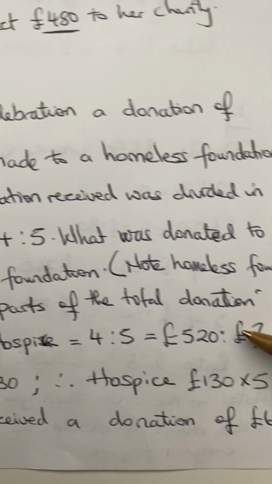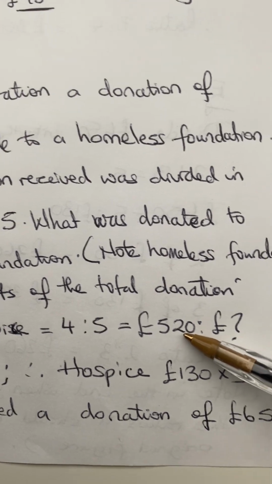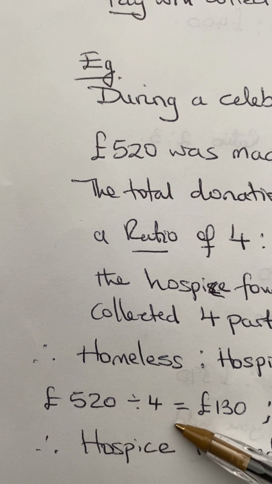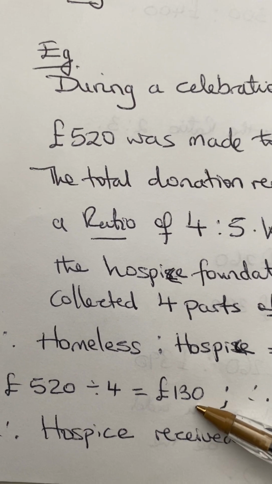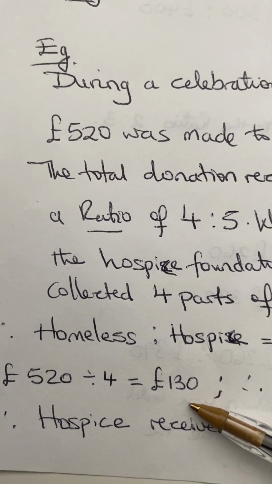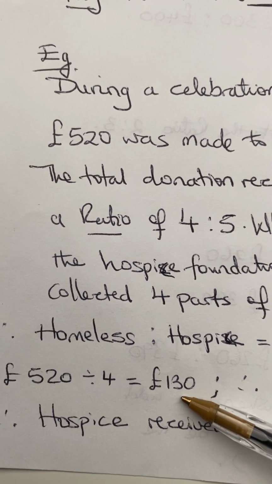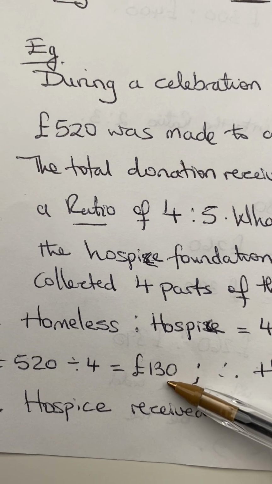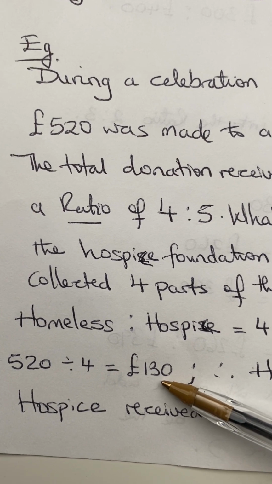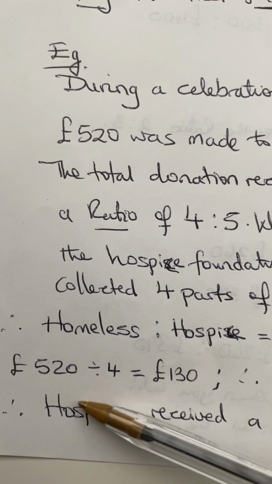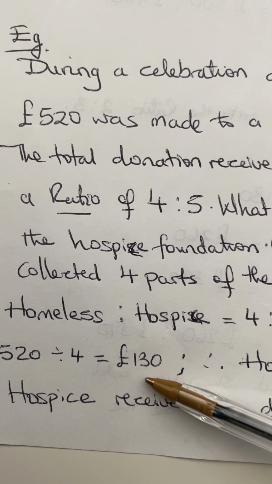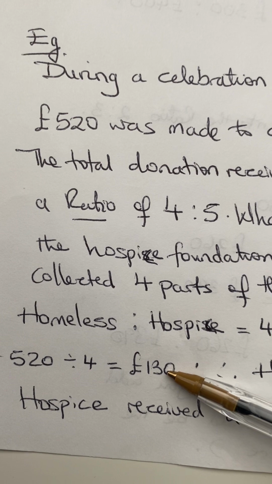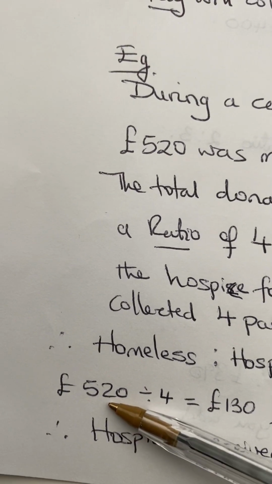So again, we are going to find a portion of 520, which will be 520 divided by 4, which is £130. £130 times 4 will be 520, because if you double 130, you have 260, and if you double it again, you will have 520.